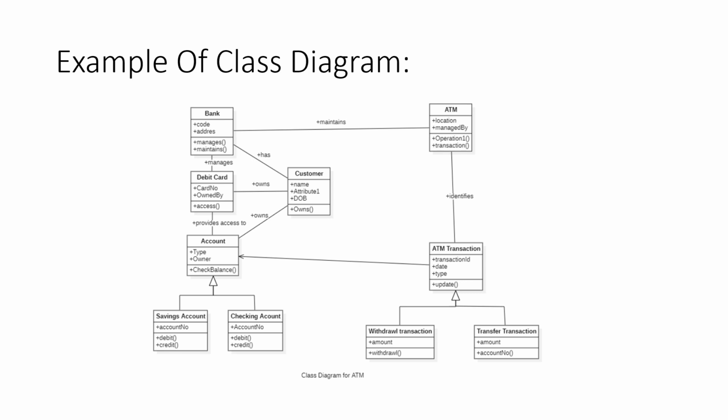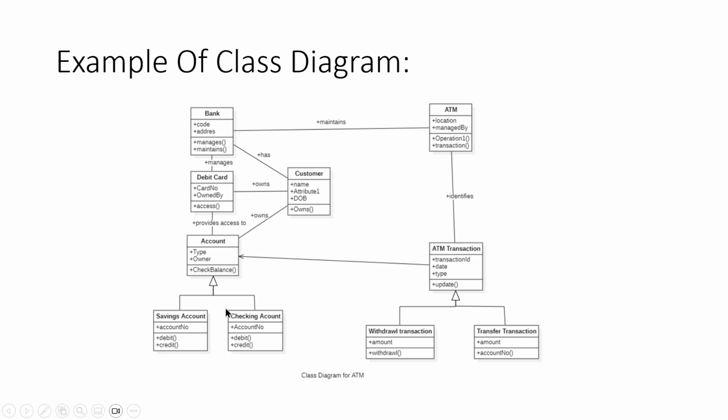So we can update the ATM transactions. We can update the account balance and everything using that ATM transaction. These classes are connected with relationships known as aggregation, generalization, and dependency as well. So here we have used aggregation, dependency, and generalization.